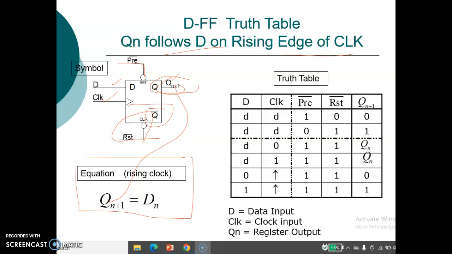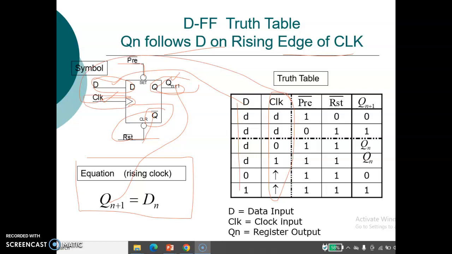Truth table. Here this is data input. This is data input. That is here. And then clock input from here.